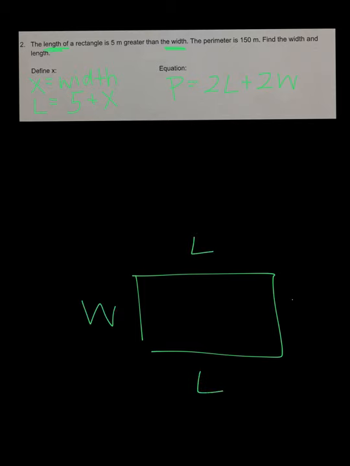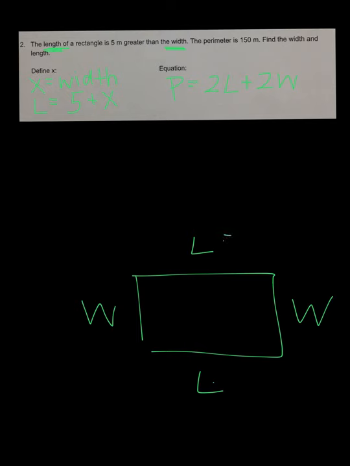So to write my equation, I need to remember what the formula for the perimeter of a rectangle is. If I've got a rectangle and I know the length and I know the width, the perimeter is if I just added all these up. And so I have 2 lengths and 2 widths.